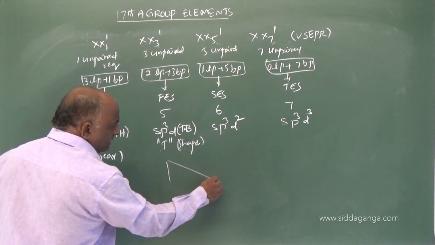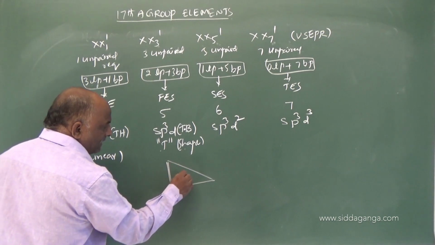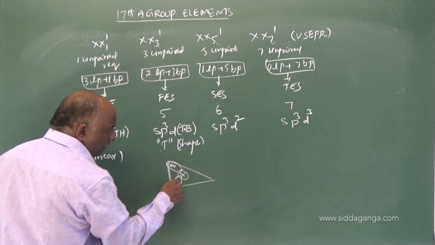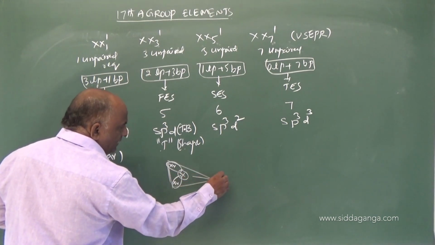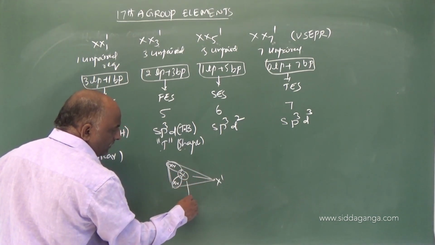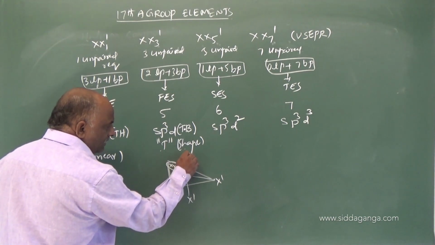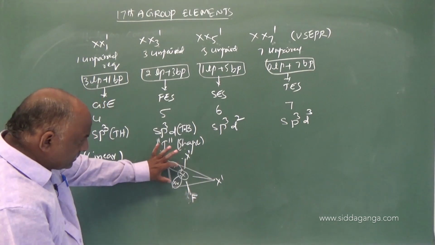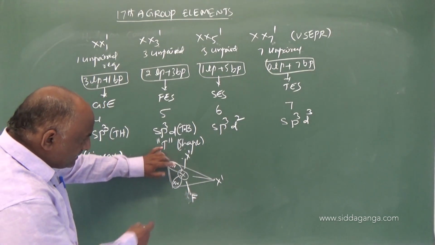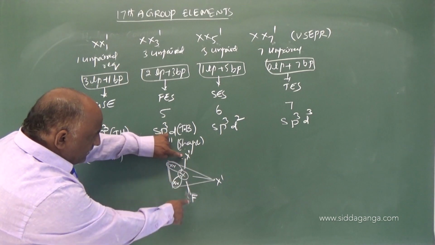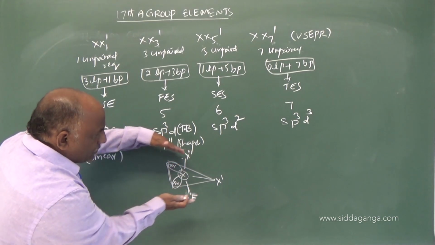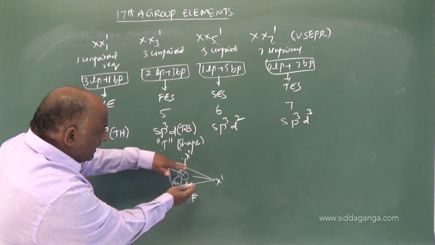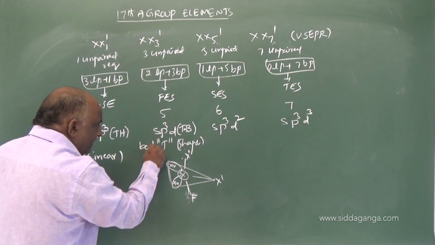Draw the structure like this: central atom X, covered with a lone pair, and one more lone pair, and one bond pair X dash, one more bond pair X dash, one more bond pair X dash. Due to the repulsions, these are not axial bonds, they bend towards that side.